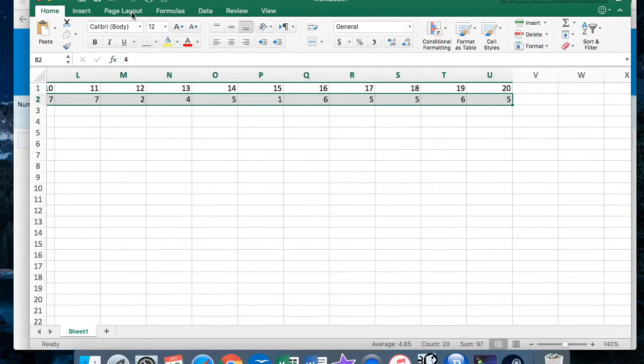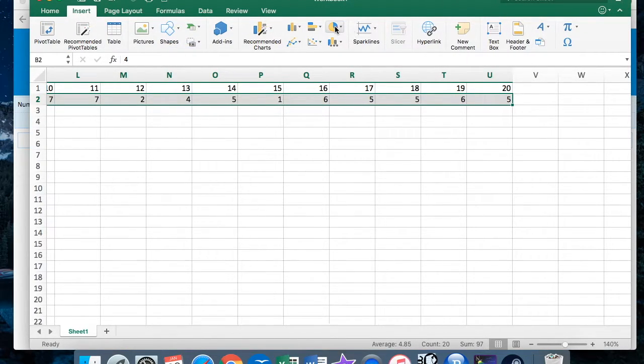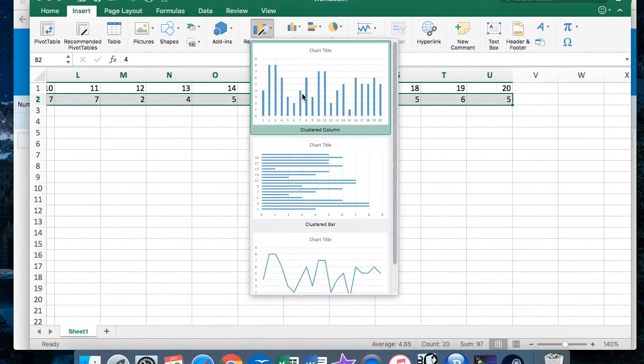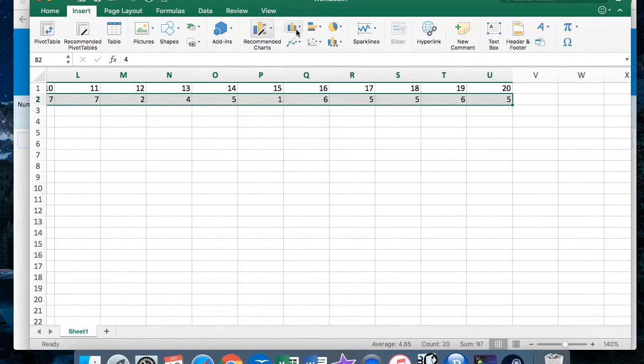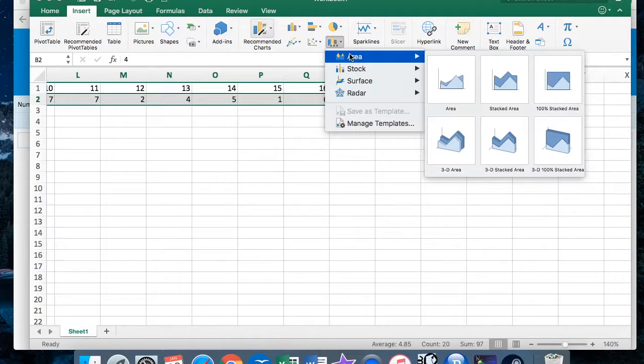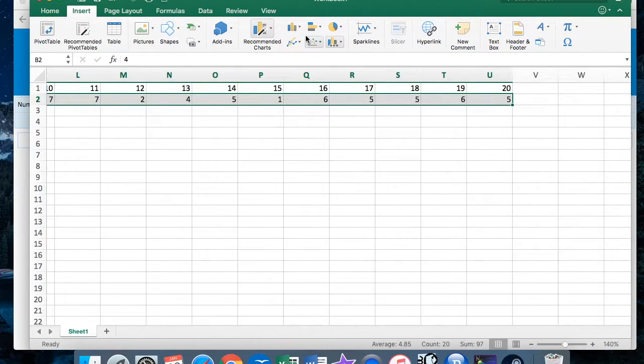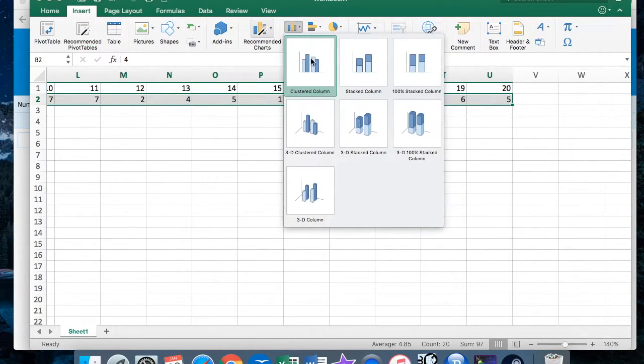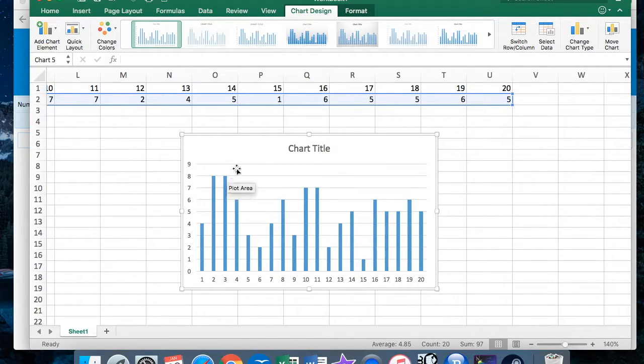Usually they show more options on this. I don't know, mine's just kind of weird because it's on a Mac or something. But if you just select those data points and then click on this chart, it shouldn't be too hard to match this up with the correct answer.